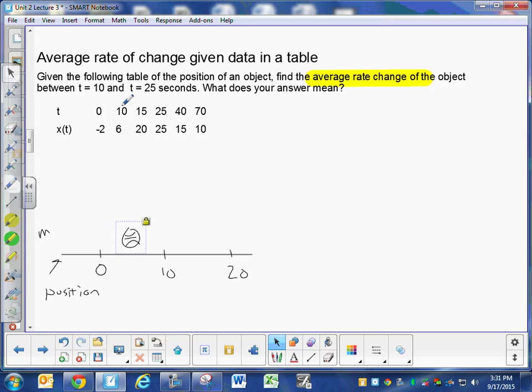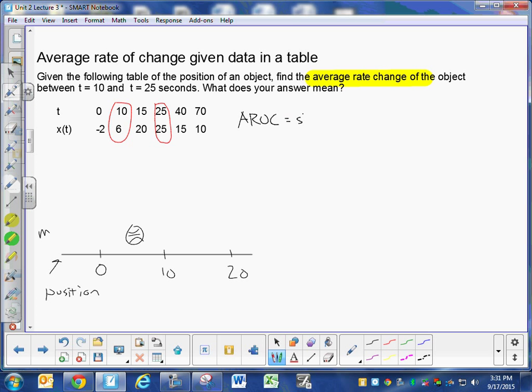Remember that. Now let's go back to the question, which is finding the average rate of change of the object between the 10th second and the 25th second. Well, at the 10th second, I'm located at the position 6. And then at the 25th second, I'm located at position 25. So snapshot here, and then at the snapshot of the 25th second, boom, I'm up there. We can find the average rate of change, which is just equal to the slope between the 2 points, which I can calculate.